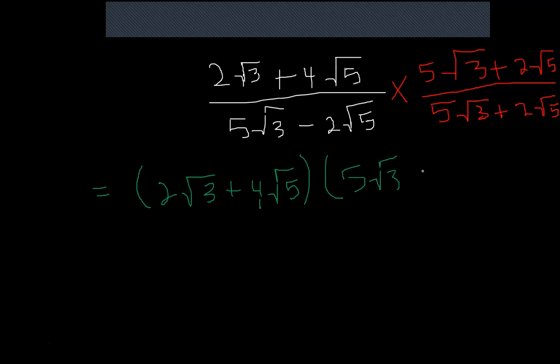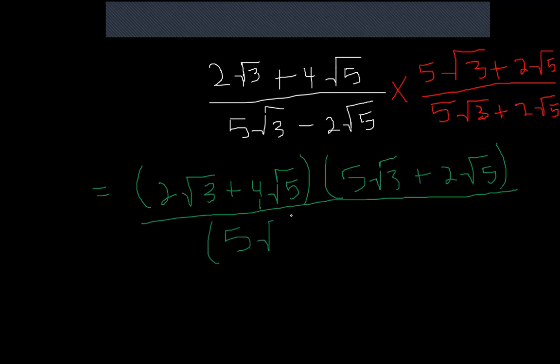So 5 root 3 plus 2 root 5. And we also multiply the denominator by the conjugate as well. So this is 5 root 3 minus 2 root 5. And this thing multiplied by 5 root 3 plus 2 root 5. Put that in brackets. I have no space. Sorry.